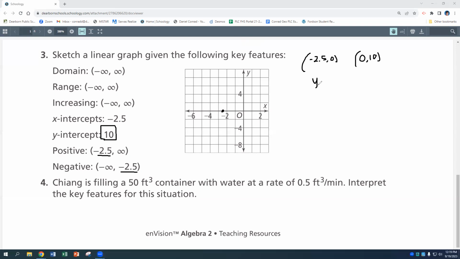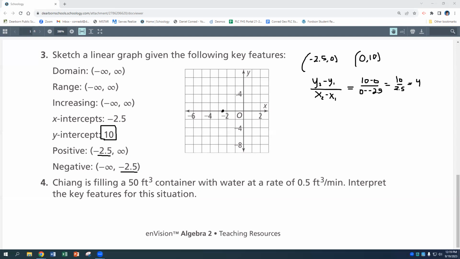All right, so slope is change in y over change in x. So we're going to do y2 minus y1 over x2 minus x1. Okay, so our y value is going to be 10 minus 0 over 0 minus a negative 2.5, right, which is going to give me 10 over 2.5, which is going to give me 4.